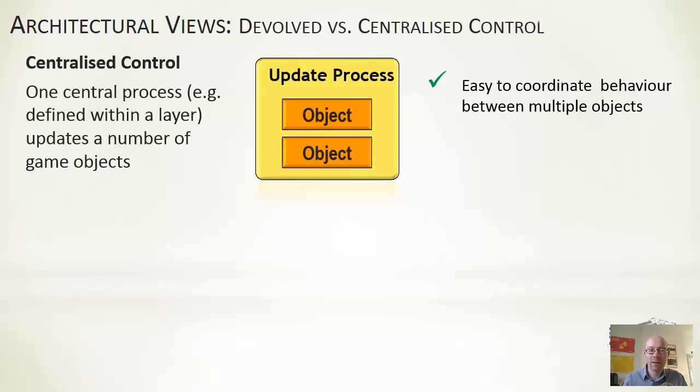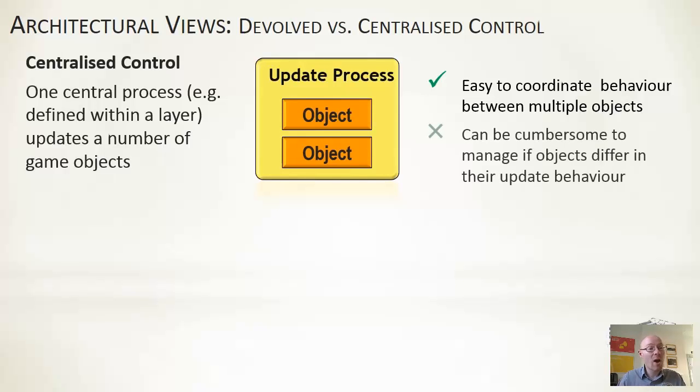The downside is that this all works fine if everything gets to be updated in more or less the same way, but if we have different objects that need to be updated in different ways, then very quickly it gets cumbersome to include all of these different variants within our main update process. The counterbalance to centralized control is decentralized control.